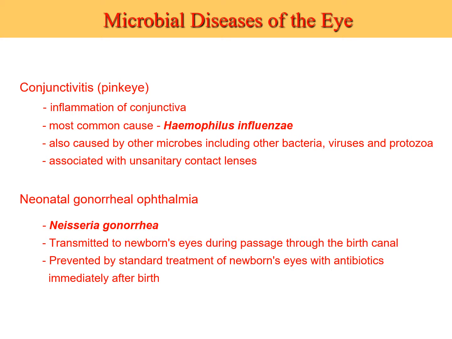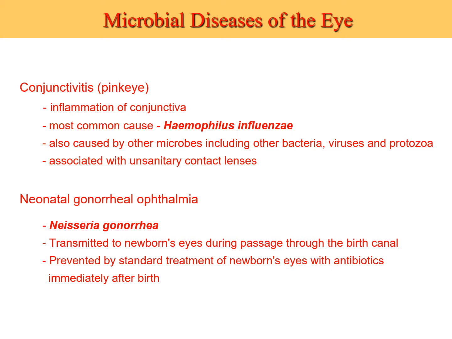Well, first of all, the surface of the eye is covered with a thin epithelium, which is transparent and is called the conjunctiva. And inflammation of that is called conjunctivitis.